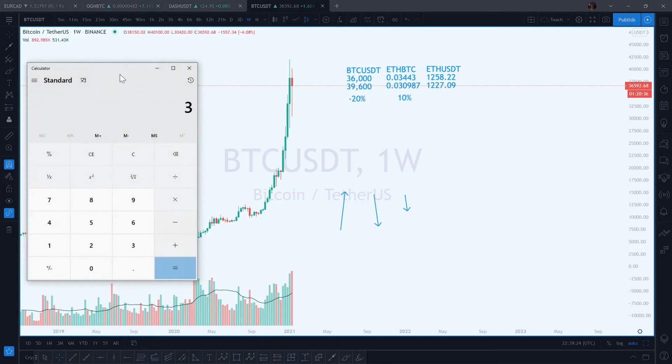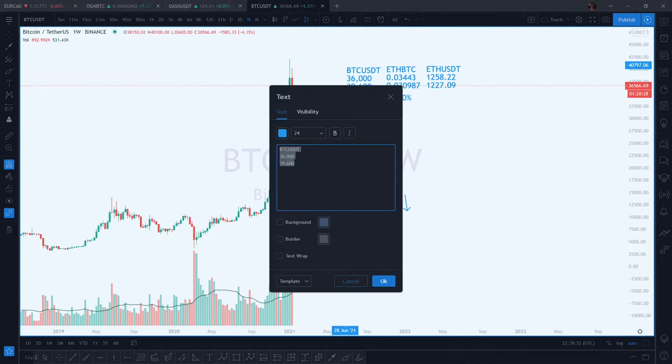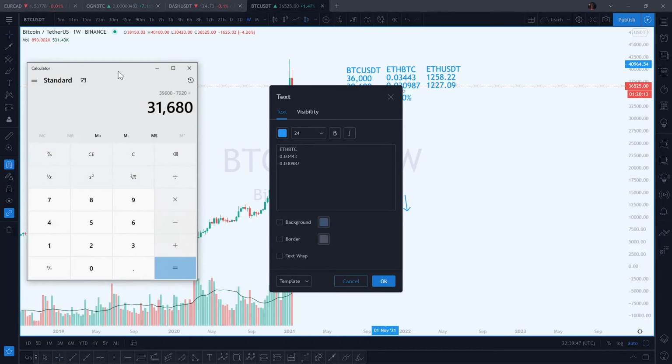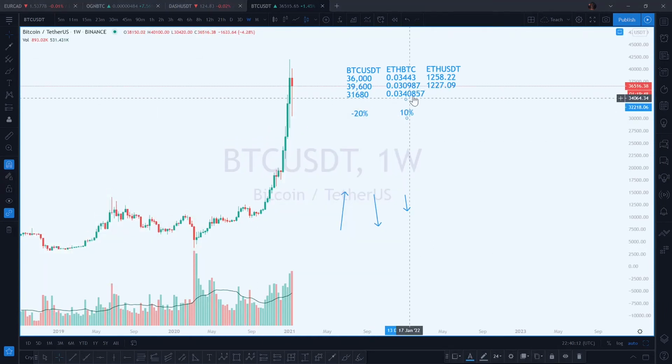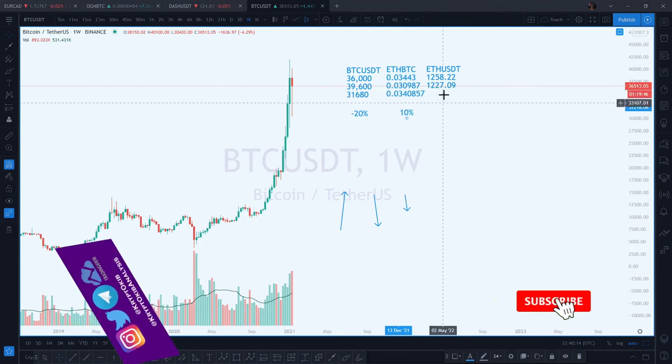We have 39,600 minus 20%, which will give us 31,680. So the current price will then be 31,680. This one, we have a 10% positive. So what will that give us? That will give us 34. What will the price of this be? And then what will the percentage of move be?